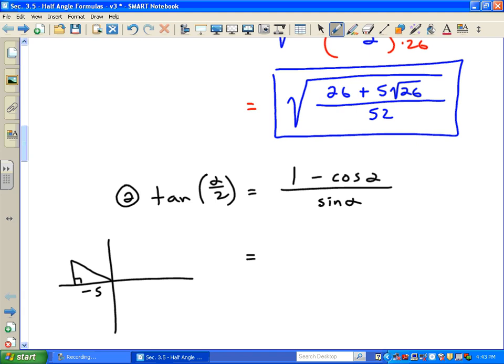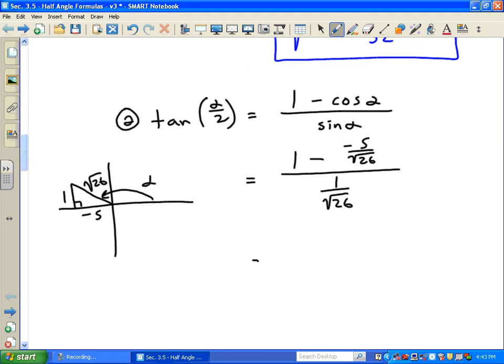We had -5, we had square root of 26, and we had +1. So on this we have 1 minus the value of cosine for that single angle, which is -5 over square root of 26. In the denominator, the value of sine for that single angle is 1 over the square root of 26.